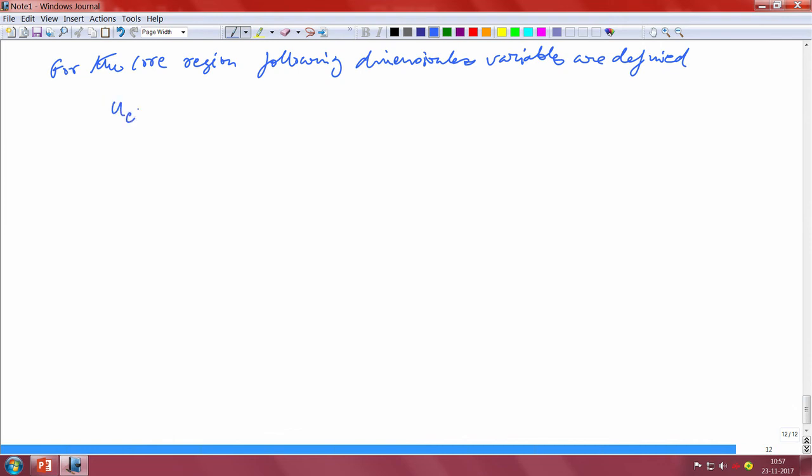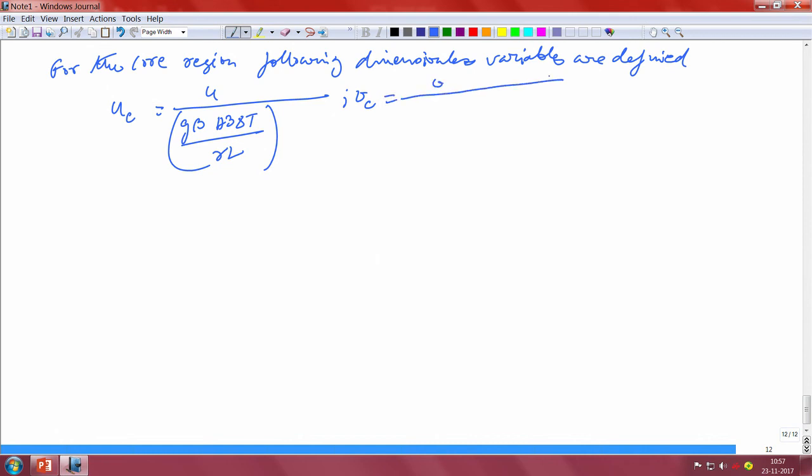One is Uc, for core, which is g beta h cube delta T by gamma L. Vc is g beta h to the power of 4 delta T by gamma L square.